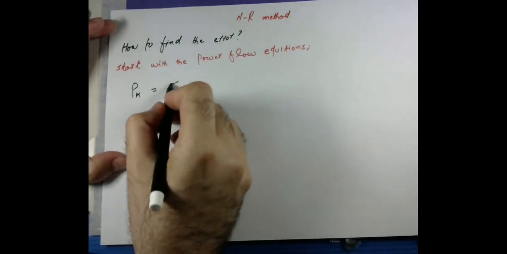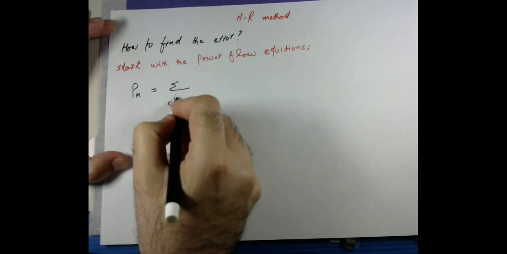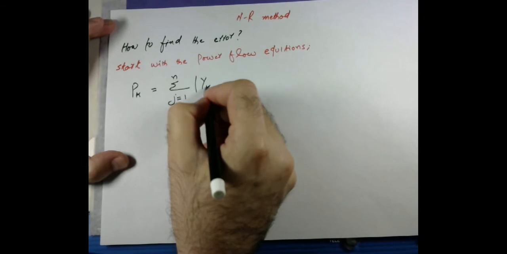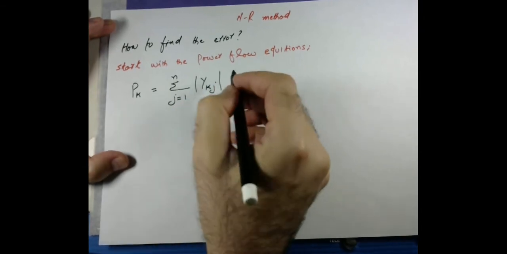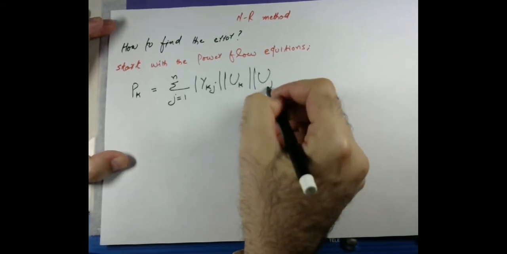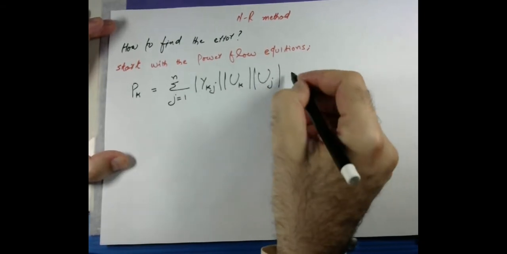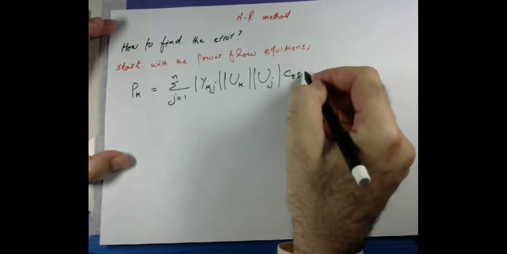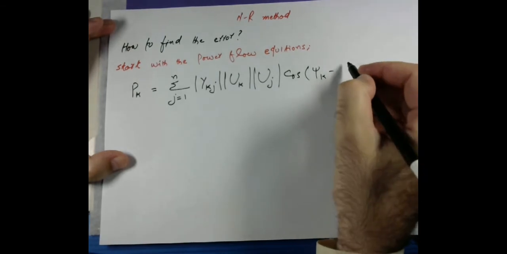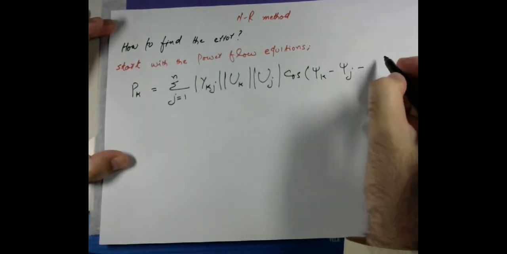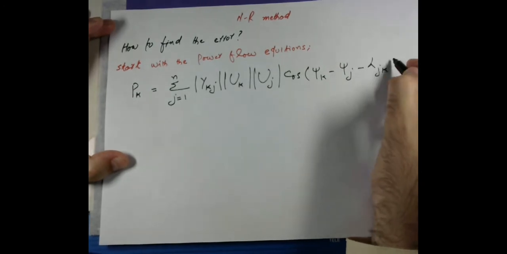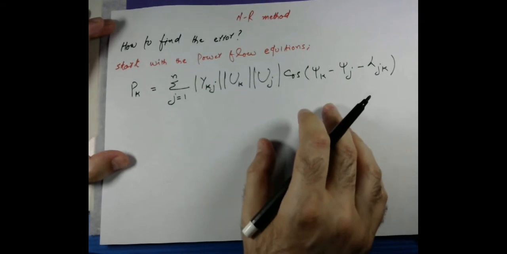That is equal to, we have already discussed these general forms, summation j from 1 to n, y k j u k u j and cos of psi k minus psi j minus lambda j k. So this is the case.